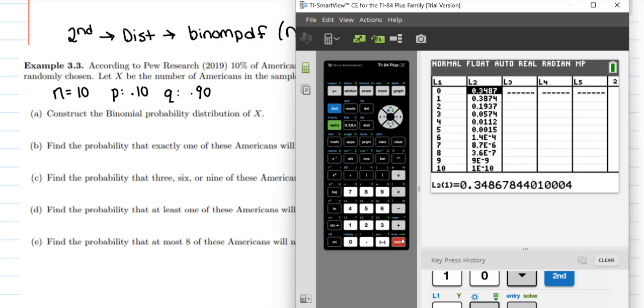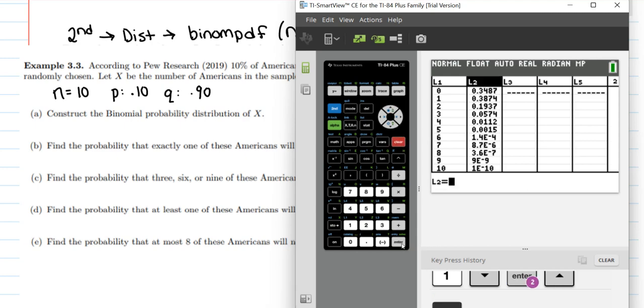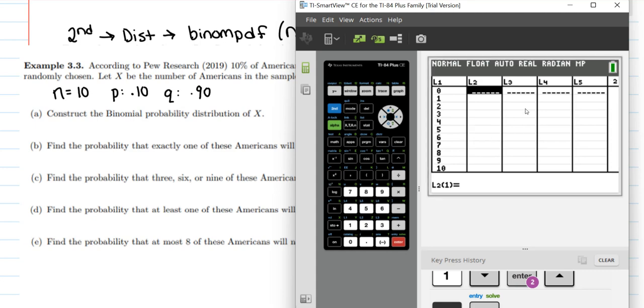So let me show you that again. Okay, so I'm going to go up here and I'm going to clear this. Once you get 0 through 10 in your list on L1, go to L2. Make sure L2 is highlighted. So right here it's not highlighted, it's in my first column. So I need to go up here. See where it's highlighted?